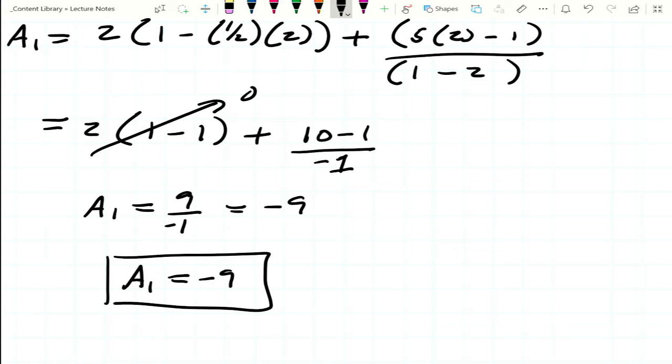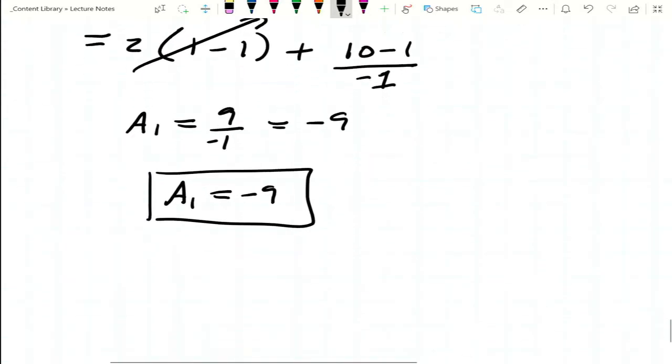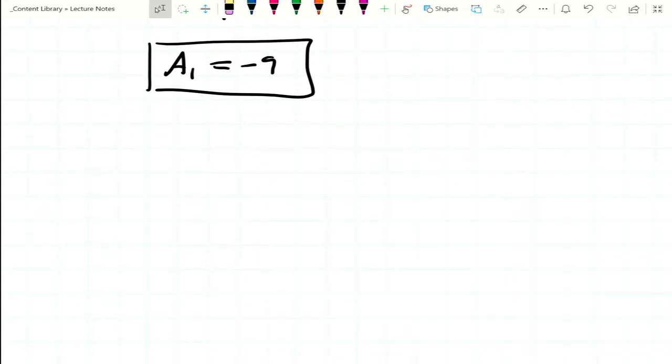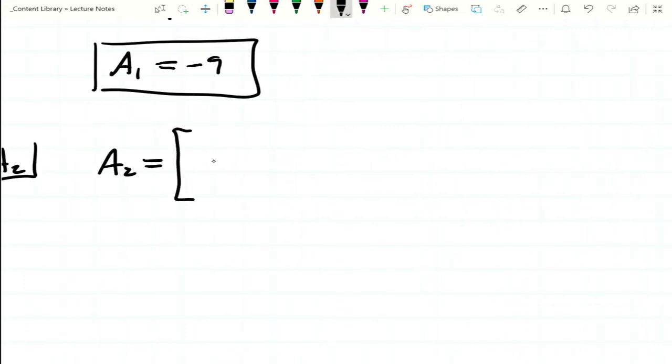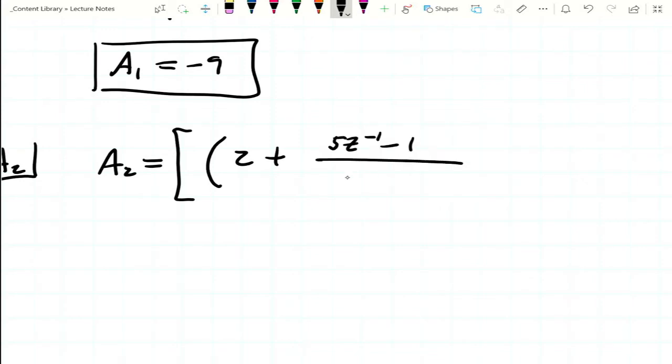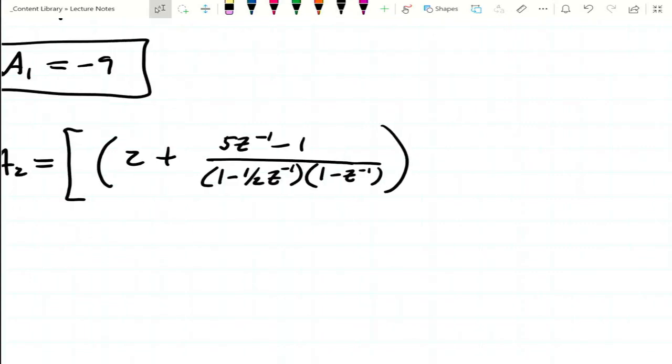A2 is going to work out in about the exact same way. A2 equals, again, this big long expression, 2 plus 5z to the negative 1 minus 1 over 1 minus 1 half times z to the negative 1 plus 1 minus z to the negative 1 times, now it's the other one, 1 minus z to the negative 1.